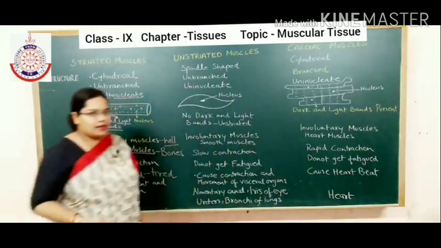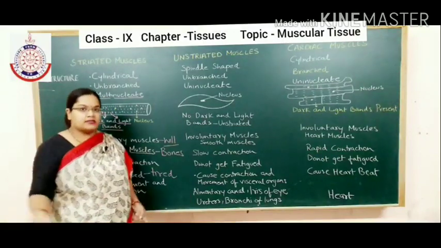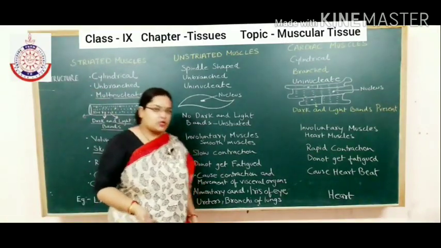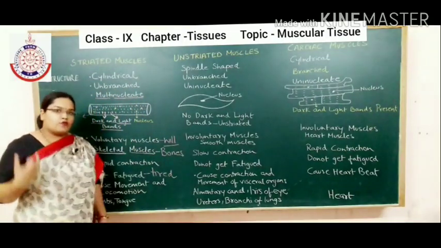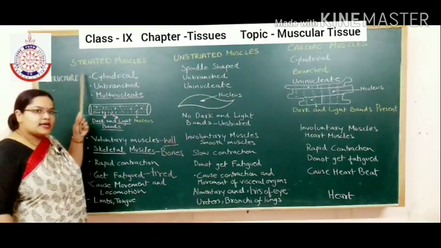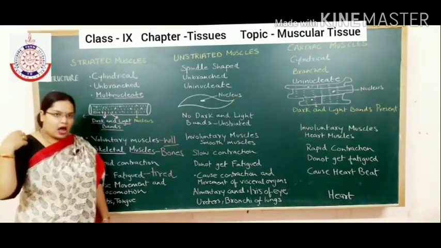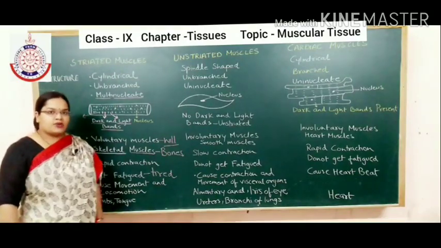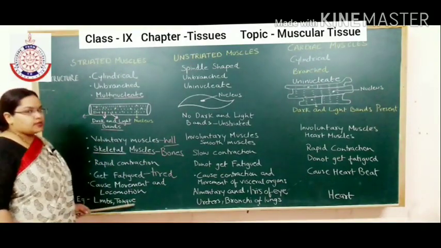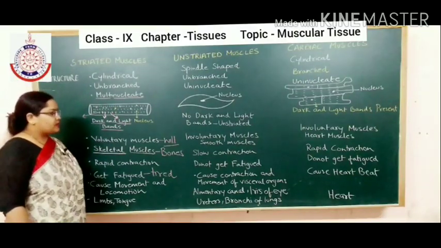Yes, limbs. Your hands, arms and legs are known as limbs. Limbs move with the help of striated, skeletal or voluntary muscles. So striated muscles are present in arms and legs, and also in the tongue.